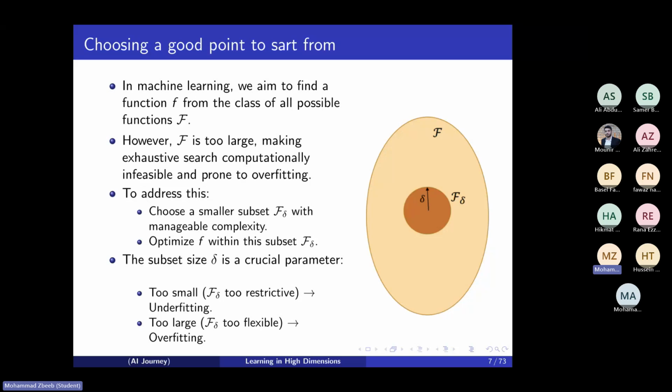I choose the capacity of my model before training, and I say that I'm going to train on neural networks with 5 neurons, or with n neurons. We also need to choose a good point to start from when training our models, and we need to be very careful when choosing this point. If we choose a very big model, we're going to overfit, and with a very small model we're going to underfit, and it depends on the optimization algorithm.